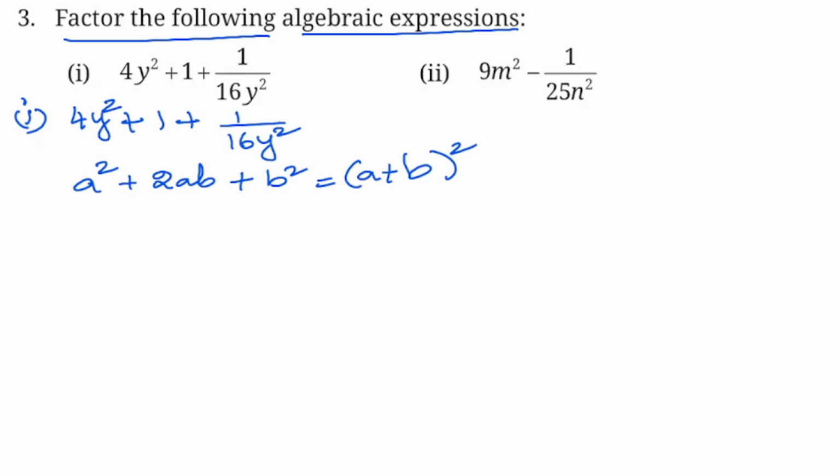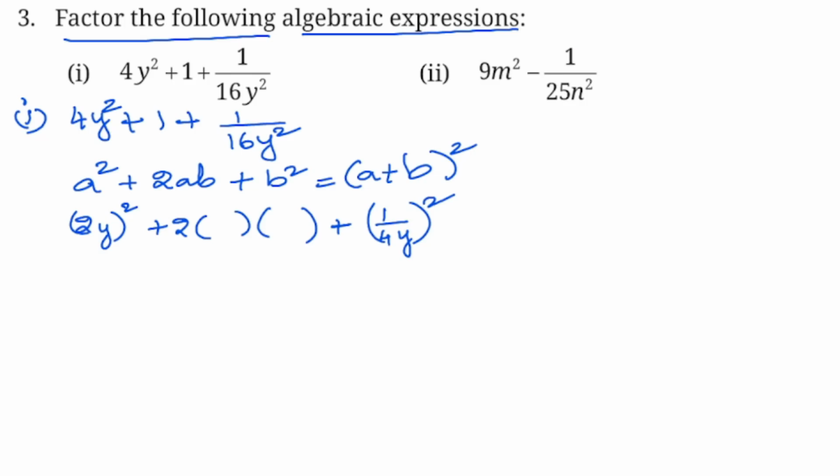Okay, so 4y square can be written as 2y square plus 2ab. We will just leave this. Okay, we will come back to this afterwards. 1 square is 1. Okay, and 16 can be written as a square of 4y whole square.